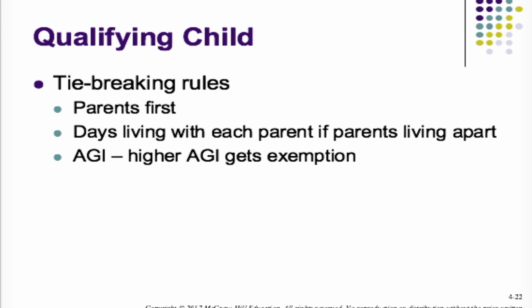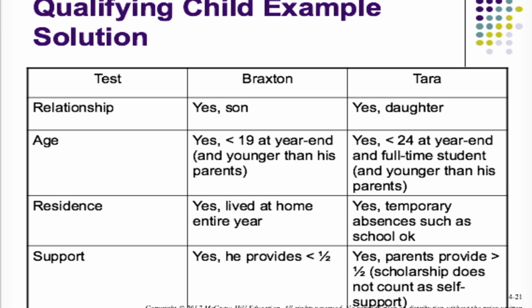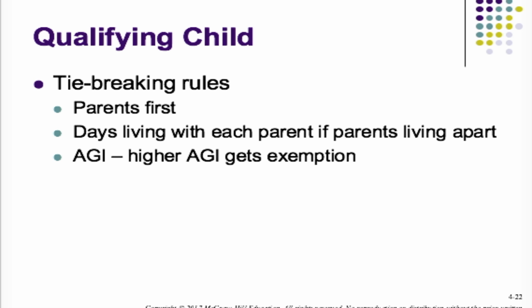Tie-breaking rules. Okay, so this is the scenario if more than one individual could potentially claim another individual as a qualifying child. So in other words, you have more than one taxpayer who can look at these tests and say yes to all of them for the child or individual in question. If that's the case, you go over these tie-breaking rules from top to bottom here. First you look, if one person is a parent and the other person is not, then the parent wins.